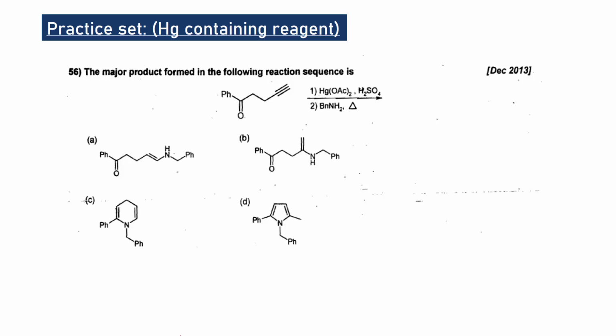As we have seen from the mechanism, this triple bond will form a mercury cyclic intermediate with this mercuric acetate.